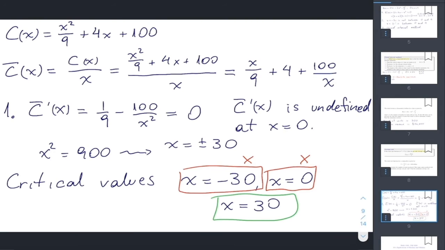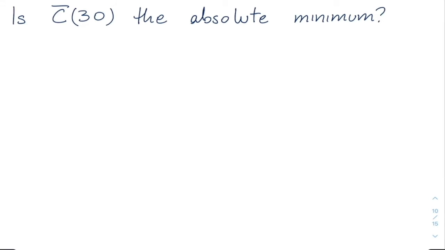So now let's try to do some analysis that will tell us what is happening in this case. So the question now is, is the value of the function at 30 the absolute minimum? To check this, let's start with checking that we have at least a relative minimum at 30. To see this, we will use the second derivative test.